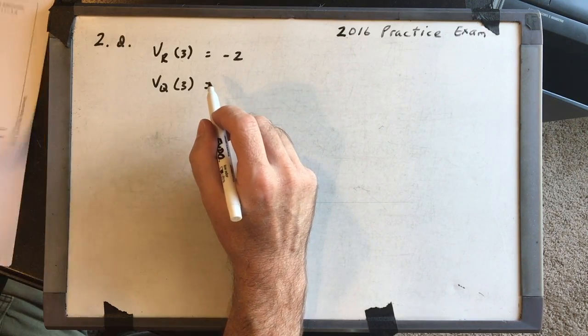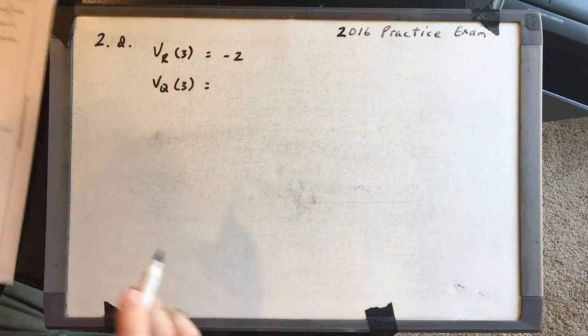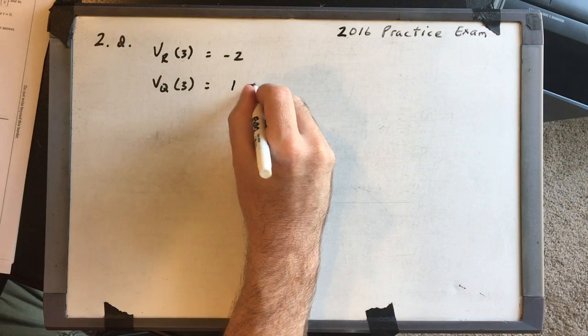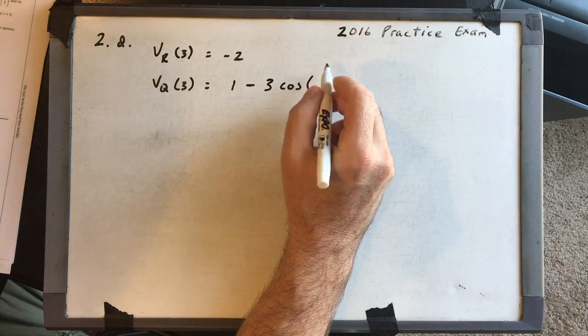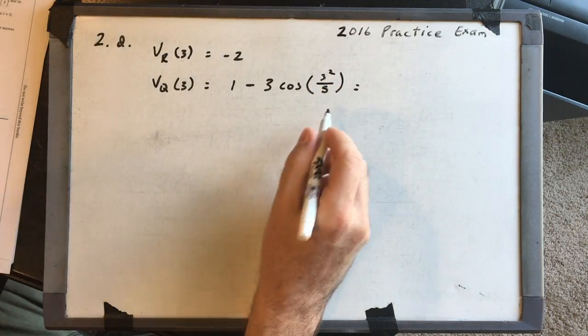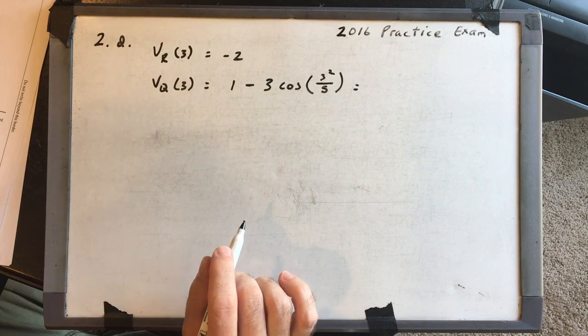Just a second here. Oops. So sorry, there it is. V of 3 is going to be 1 minus 3 times the cosine of 3 squared over 5. Make sure your calculator would be in radians. I don't think that's going to be an issue on this test.